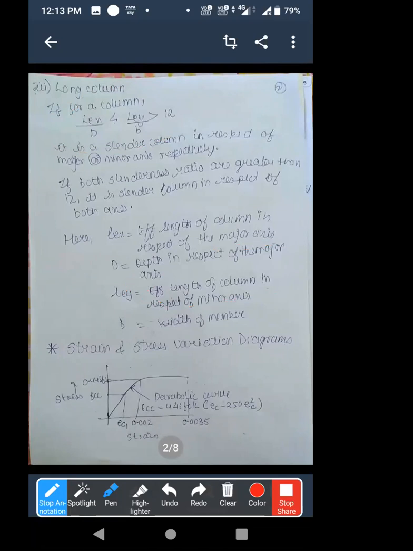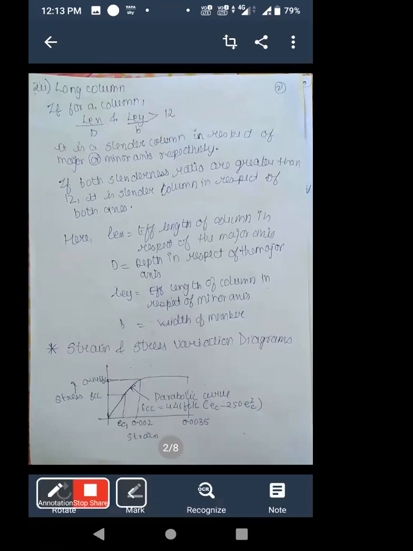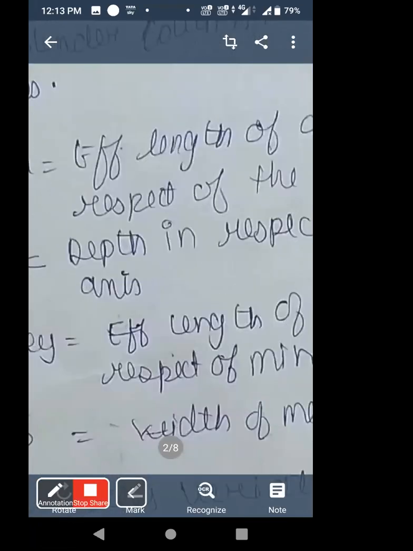Now, what is the stress variation diagram for a column? If you see the diagram, it is parabolic in nature up to this point.